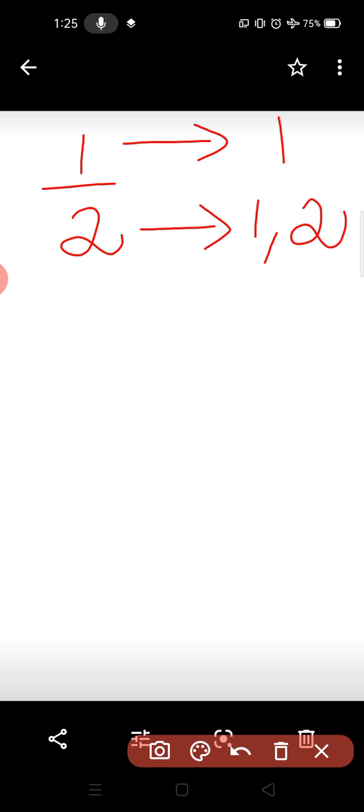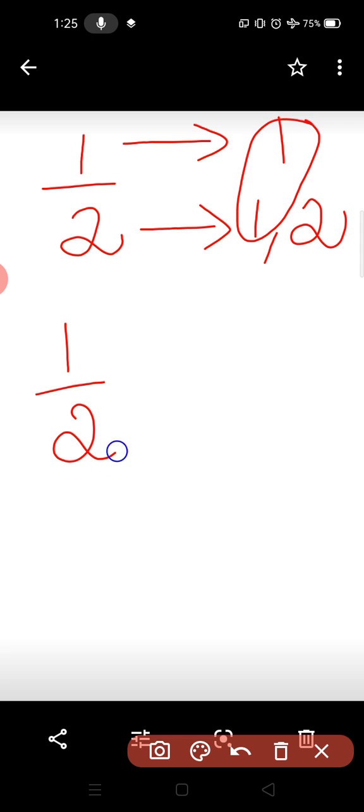If you observe, the factor of the numerator is 1, and the factors of the denominator are 1 and 2. What is the common factor? Only 1. 1 is a common factor here.